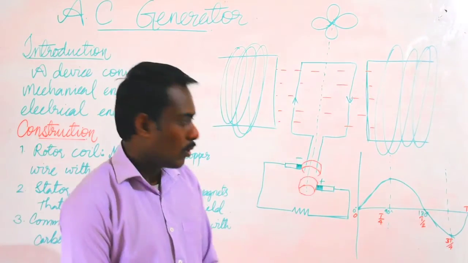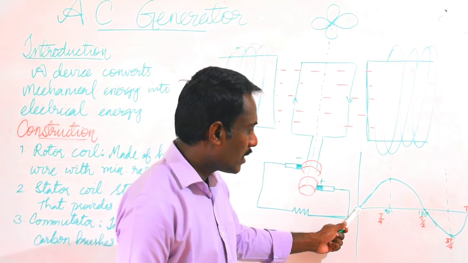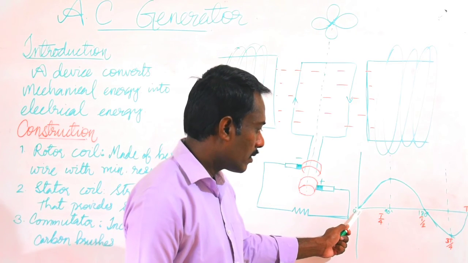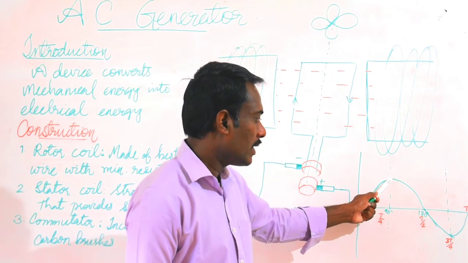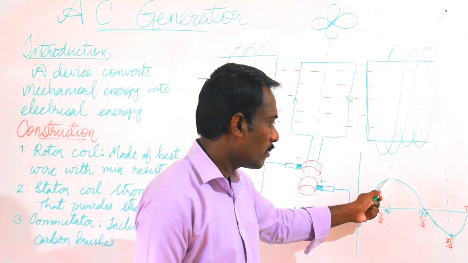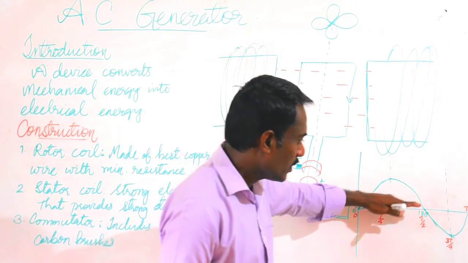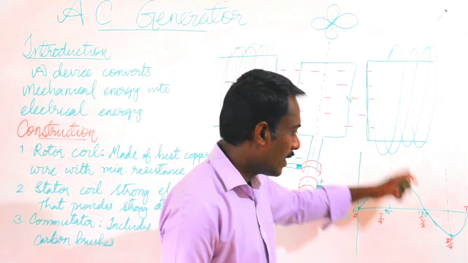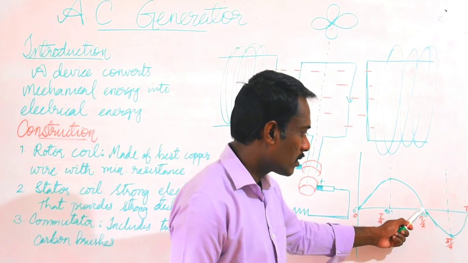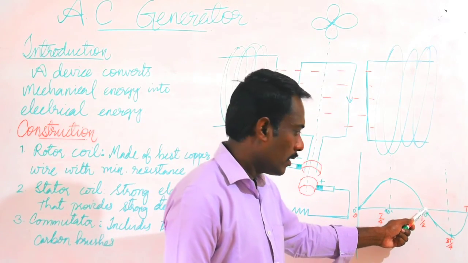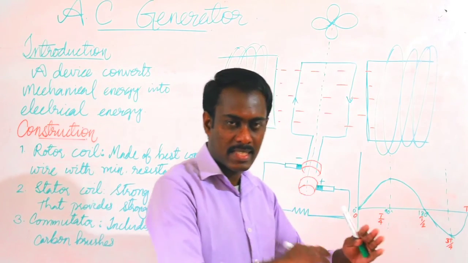On the first rotation of 90 degrees, the induced EMF goes from 0 to maximum, and in the next 90 degrees the induced EMF drops from maximum to 0. Now this is the positive cycle. In the next 90 degrees, the induced EMF produced is maximum but in the opposite direction. So the cycle changes.